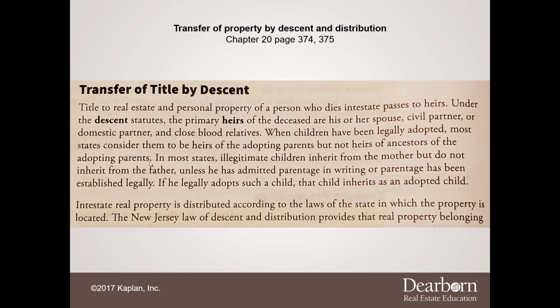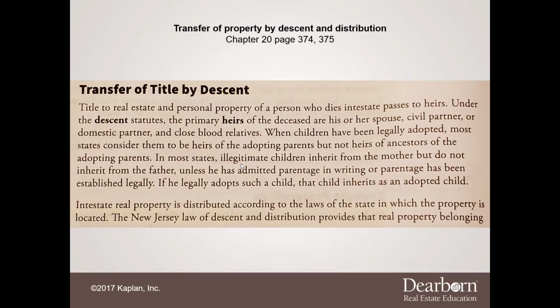So if you were adopted, you cannot lay claim to your aunt and uncle's assets because you're not truly a blood relative. Now, can they leave you something in a will? Yes. But if they didn't have a will, can you lay claim to their assets? No, because you're not a blood relative. This is the way the law is written. In most states, illegitimate children.